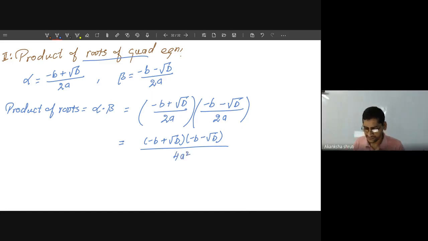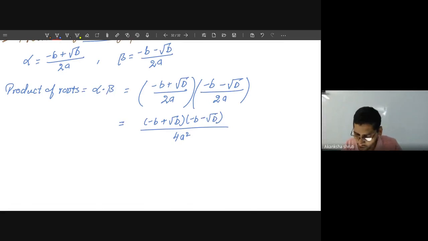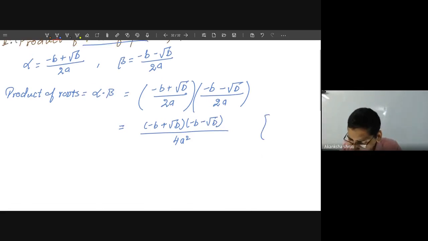Now, students, you have to recall the identity. If we have capital X plus capital Y and another one X minus Y, then this can be written as X square minus Y square.